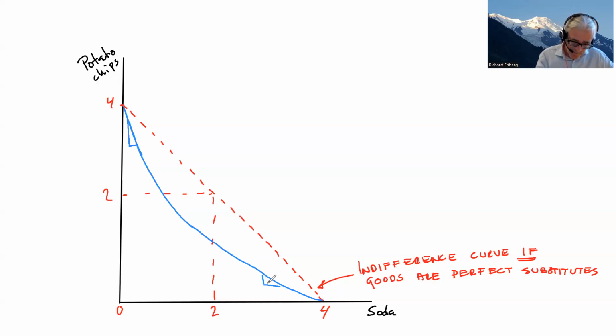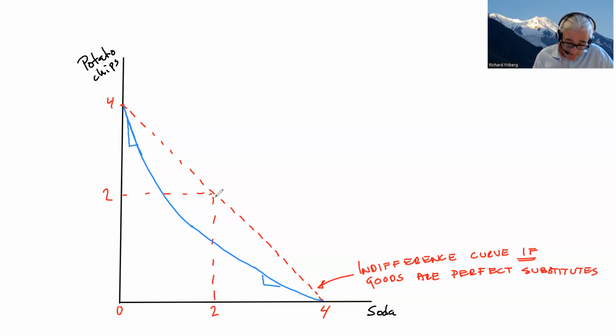Okay, so when they have this kind of pattern, they will then be bowed towards the origin like this, or we could, in a more fancy way, say that they're strictly convex, right? If we're tying a string between 2 points on the indifference curve, that string will always be above the indifference curve. Okay.